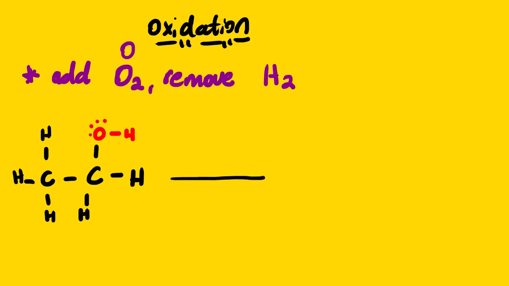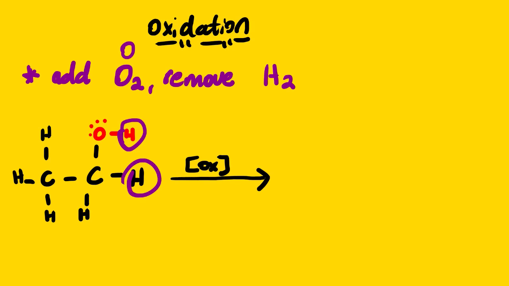So if this primary alcohol undergoes oxidation, we have to look at the hydrogen from the hydroxy group, which is this one, and also take one of the hydrogens from the very same carbon that is attached to the hydroxy group.